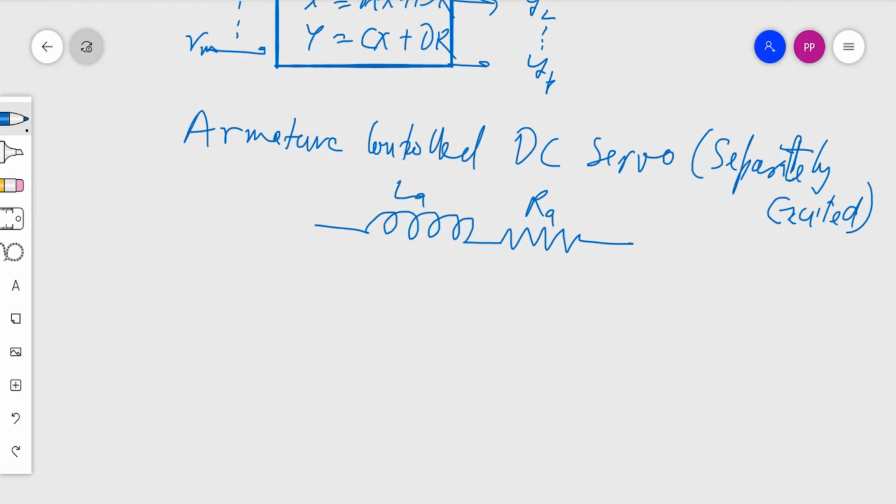So these are circuits you already know. This is the series inductance and series resistance of the DC motor, armature resistance and armature inductance. Then we have the supply over here.